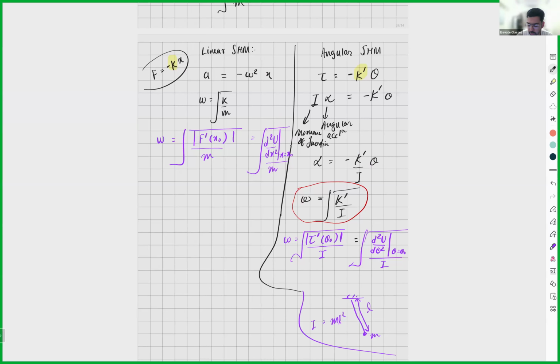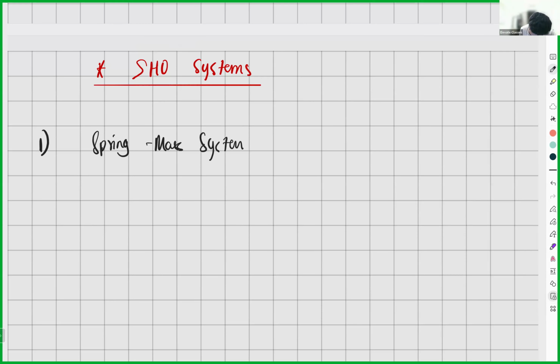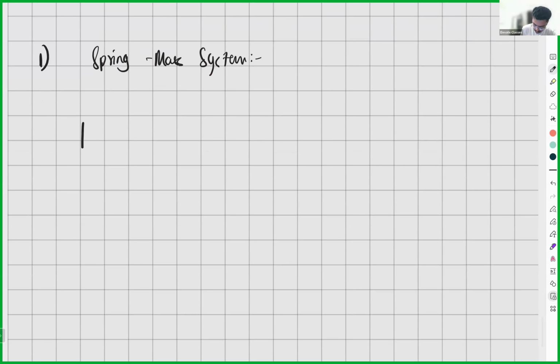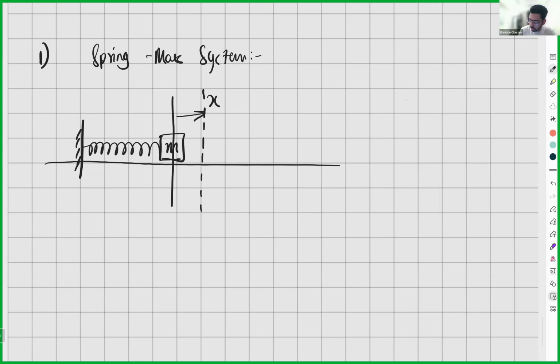We have already discussed a spring mass system, which was something like this. When you displace it through a magnitude x and leave the system, it oscillates in SHM.